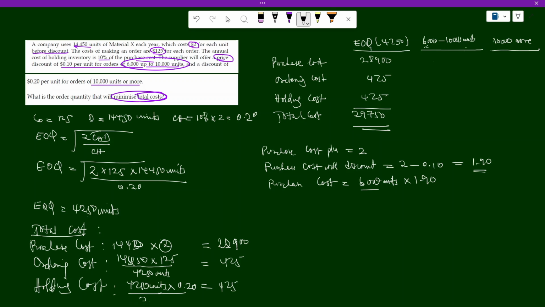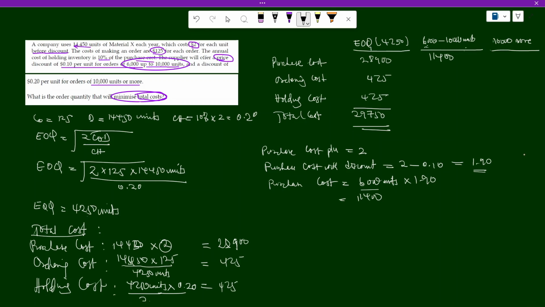So the purchase cost will be 6,000 times 1.9, which is 11,400.